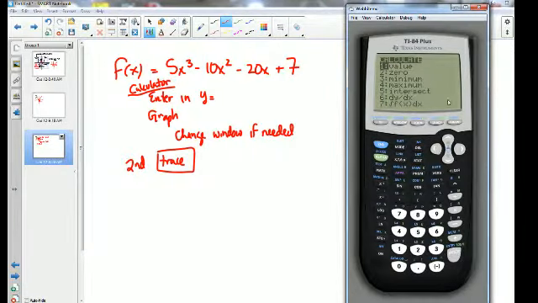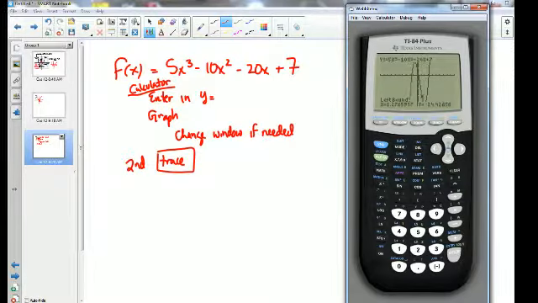So let's do a minimum. You can just hit the number 3 if you want. Now, where's our minimum? This is asking for a number to the left of the minimum. It's the left bound. Basically what you're doing is you're going to bracket that and then make a guess. So put your cursor somewhere to the left of that minimum.